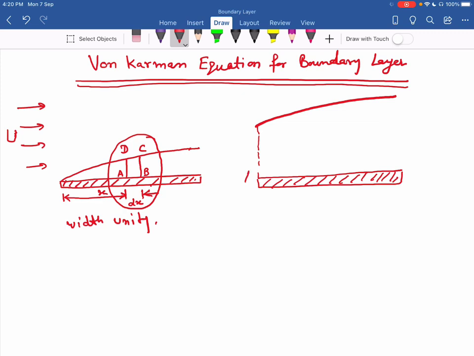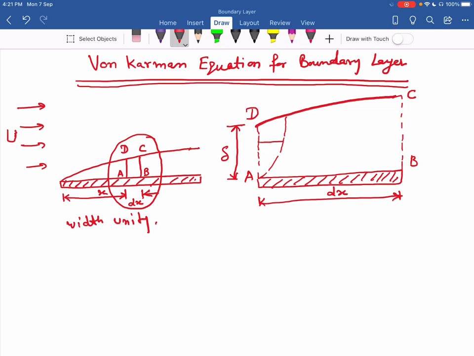So here we have A, this is D, and the velocity profile is something like this. This is point B and this is point C, and this is the length of the elementary part, that is dx. Before that, there is delta, that is the boundary layer thickness.